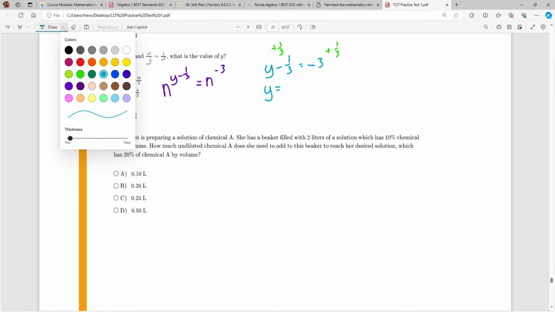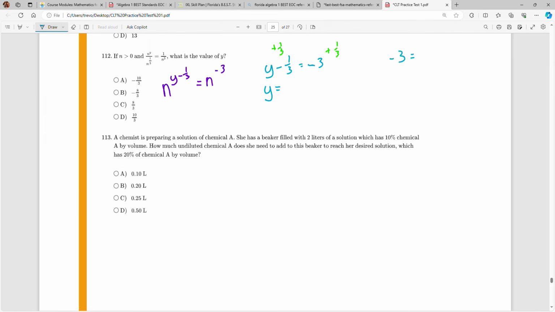now my negative 3 equals how much over, I want my denominator to be 3. Right now, the invisible number for my denominator is a 1. 1 turns to 3 by multiplying by 3. Whatever I do to the bottom, I have to do to the top, times 3. So negative 3 times 3 is negative 9.